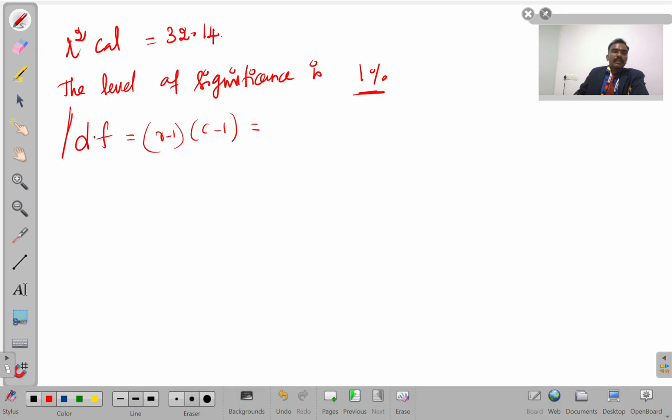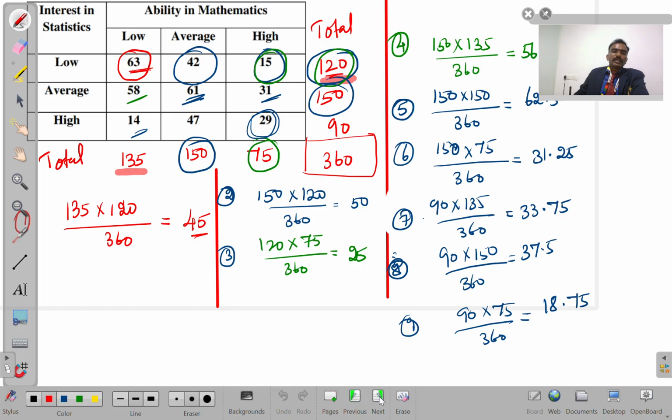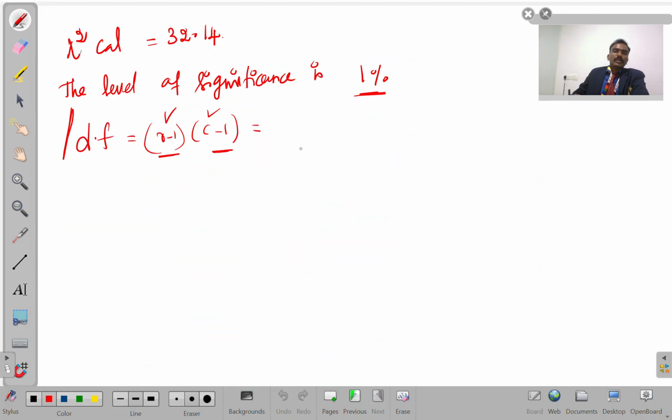But here the given thing is an attributes comparison study, so we use degrees of freedom as (r minus 1) into (c minus 1). The number of rows is 3 and columns is also 3, so 3 minus 1 into 3 minus 1 is 2 into 2, 4. So degrees of freedom is 4.